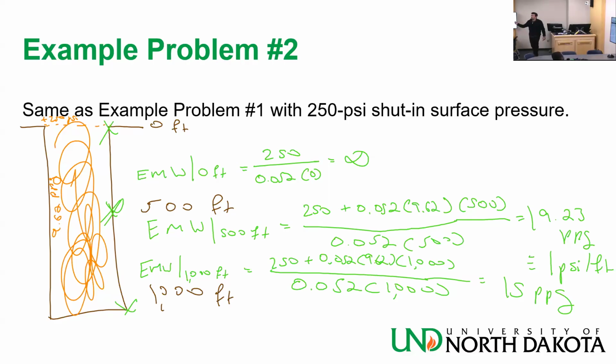Basically, you just have a hole filled with 9.62 ppg, and then you apply 250 on the top. And then basically I'm telling you, the rock is feeling infinite pressure on the surface. Sorry, infinite density on the surface. 1 psi per foot on the 500, and then 0.75 psi per foot on the bottom.